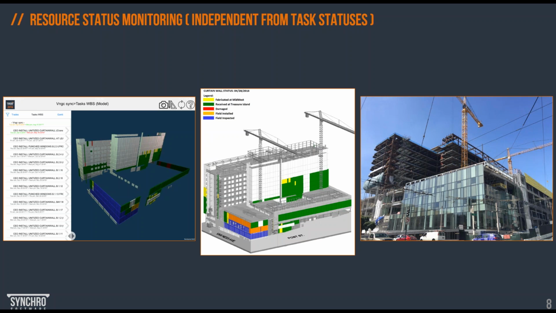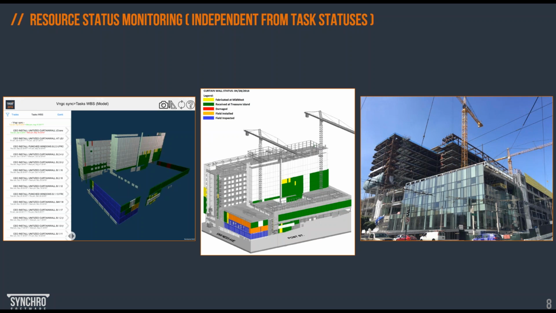In other words, if you're thinking about a single task, a single activity that is in progress and has several resources associated with it, we can report statuses of those resources independently. For example, if the activity is 50% done, you can pick individual resources and report the status on those separately.